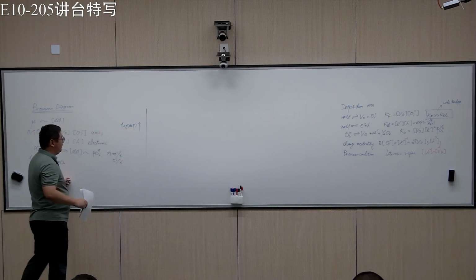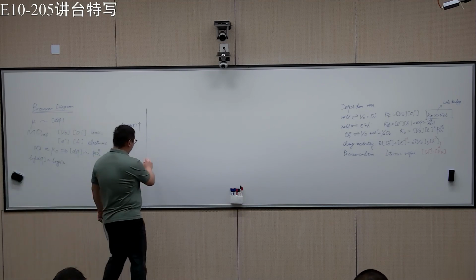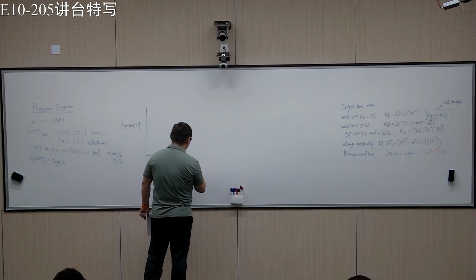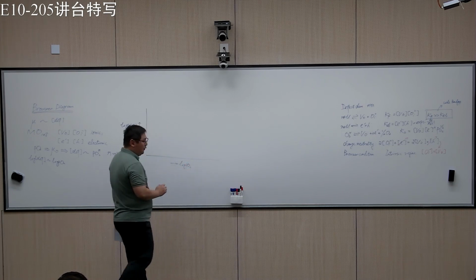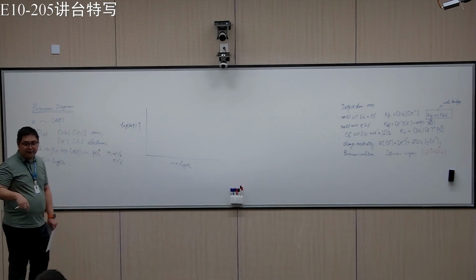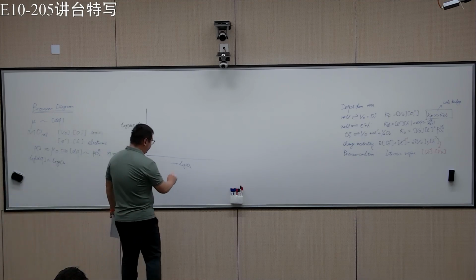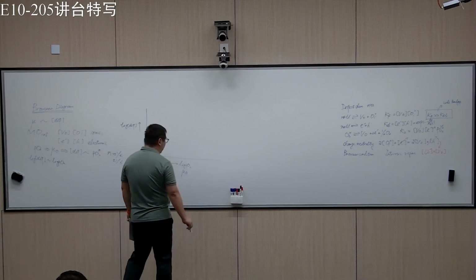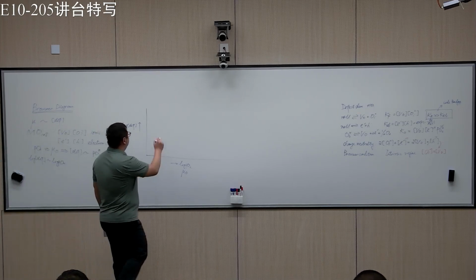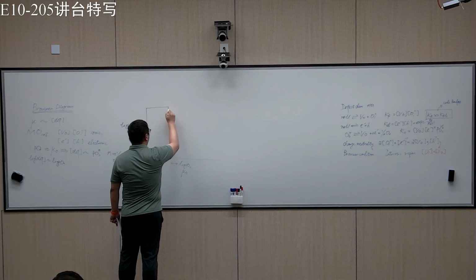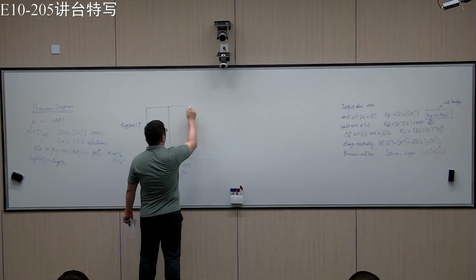We have four different kinds of defects, and the x-axis is log PO2. Log PO2 is another way to say that we are changing the oxygen chemical potential on the x-axis. And we have three different regimes. So just draw three boxes.